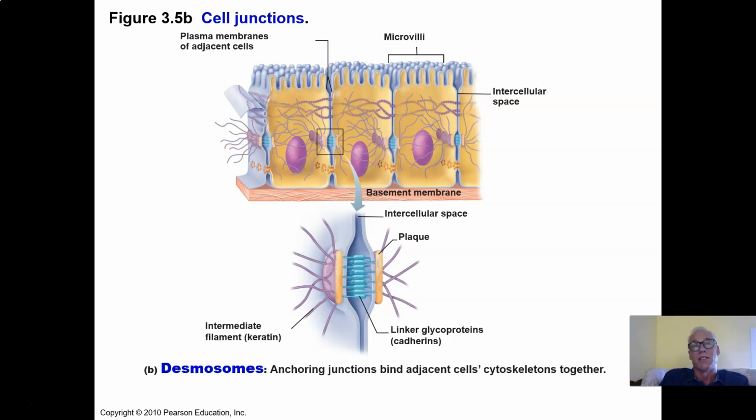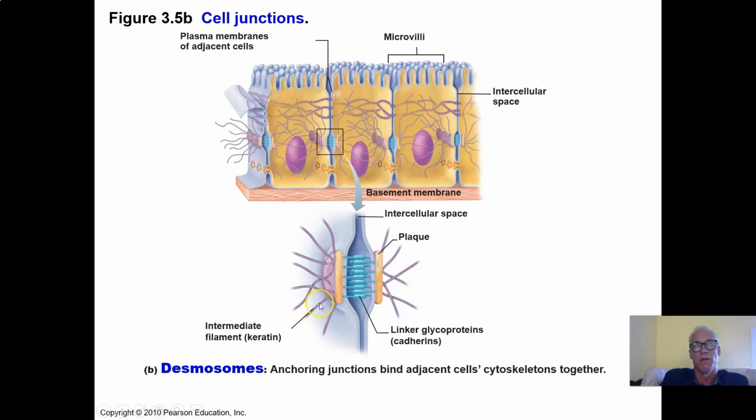Desmosomes are cell-cell junctions that are designed to tightly attach the cytoskeleton of one cell to the cytoskeleton of another cell. Right? The tight junctions are more about a seal, about the boundary between outside and inside of a boundary layer of cells. Desmosomes are mechanical connections like snaps or buttons between the cells, or Velcro.